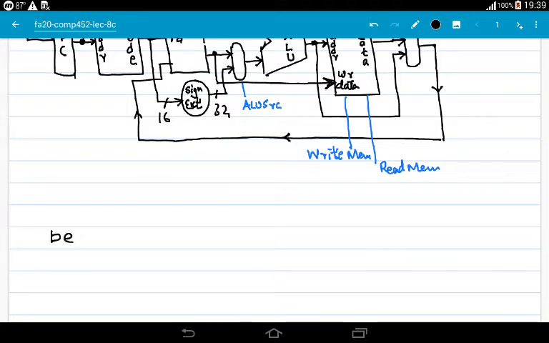Branch if equal instruction, let me give you an example. I actually wrote a small piece of code, and this is the branch if equal instruction that I had in that code.